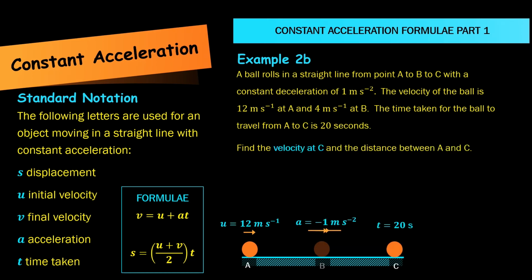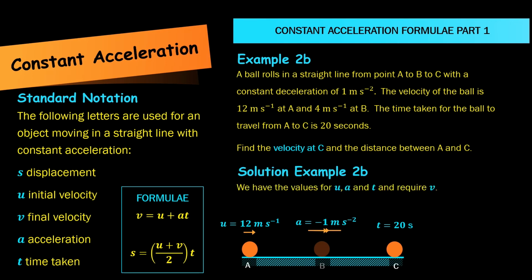Now let's take a look at part B. We are required to find the velocity at C and the distance between A and C. So let's fade out the part B journey as shown in the diagram and solve. We have the values for U, A and T and require V. So of course we're going to use this formula, V equals U plus AT, as it contains all these letters and no more.